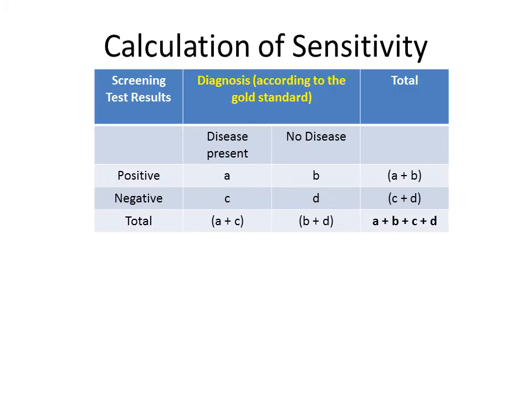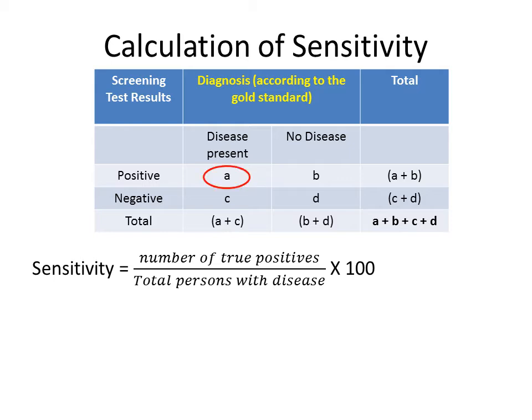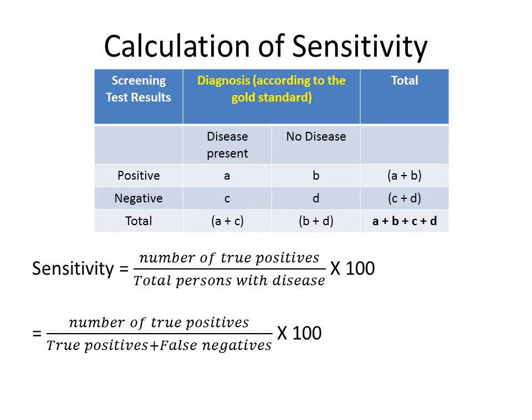How to calculate sensitivity? We use the table that was explained previously. In this table, the formula of sensitivity is the number of true positives divided by the number of patients diagnosed by the gold standard, patients with disease, times 100.